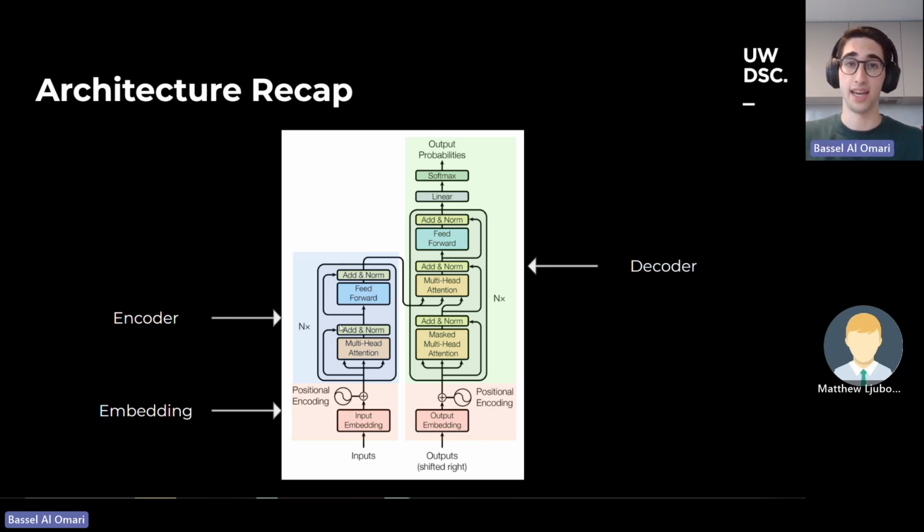And then we pass that into the encoder, which gives us information about the words and how they relate to each other. And then we use that information, pass it into the decoder in order to produce word by word the next output, but in the other language, in French.